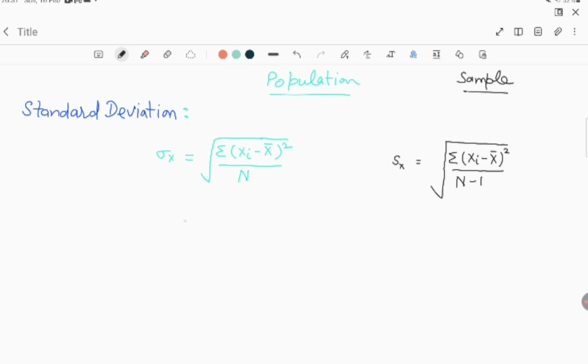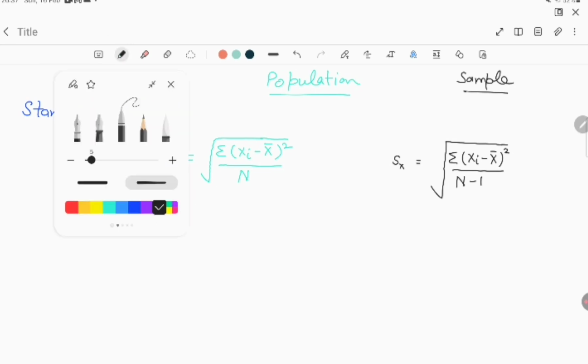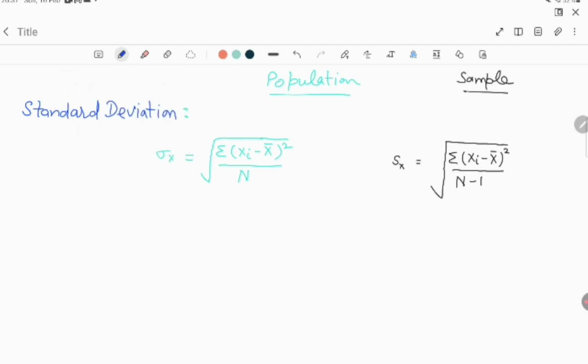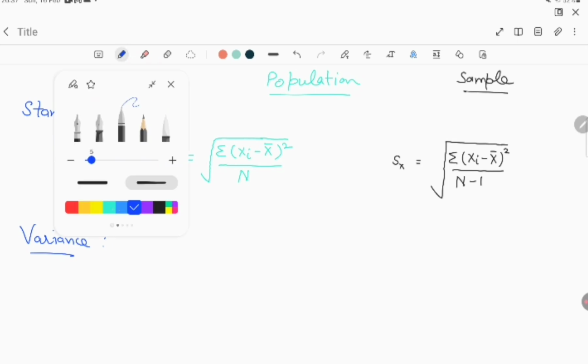And now variance. Variance is what? It is how a variable varies from its mean.